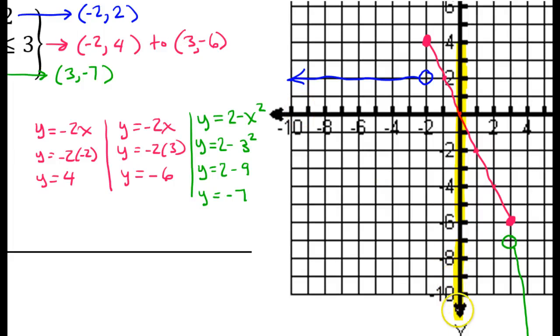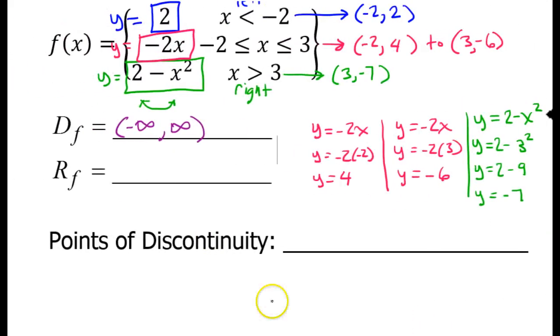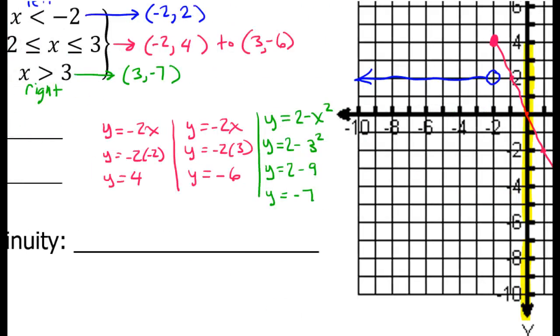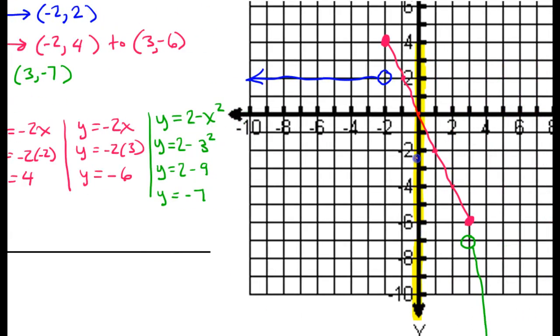So the range goes from negative infinity to negative 7, open circle, because this is an open circle. So parentheses, because we had an open circle, and then union, and then the second piece of the range goes from negative 6 to 4.